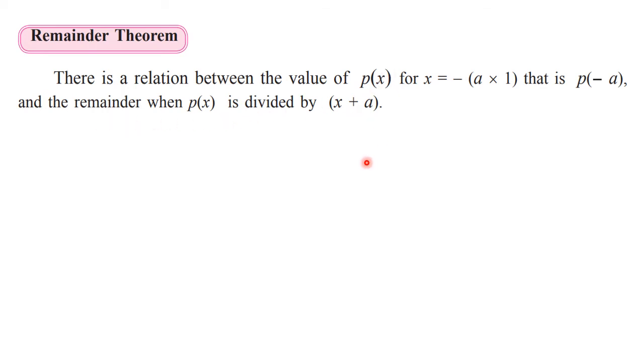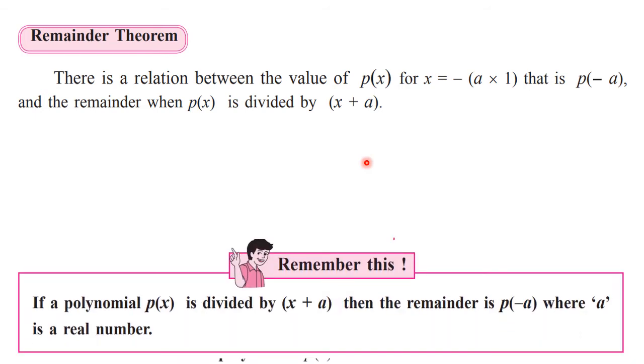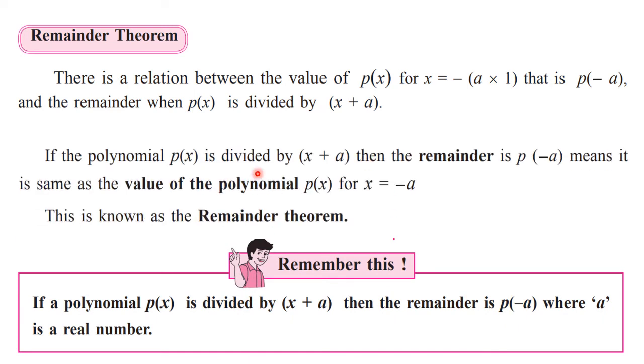Okay. So that relation is given by remainder theorem. So let's see what's the relation here. Okay. So see, if the polynomial p of x is divided by x plus a, means p of x is dividend and x plus a is divisor, then the remainder we get is p of minus a. Okay.